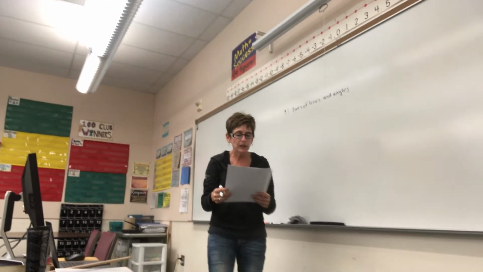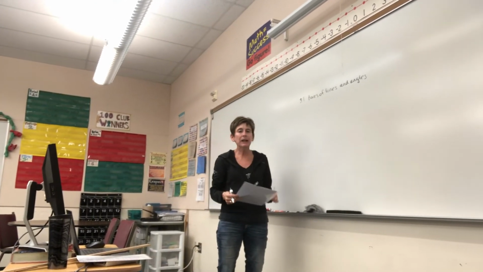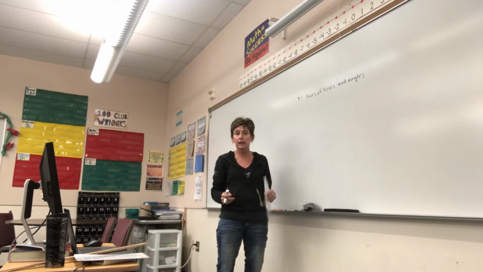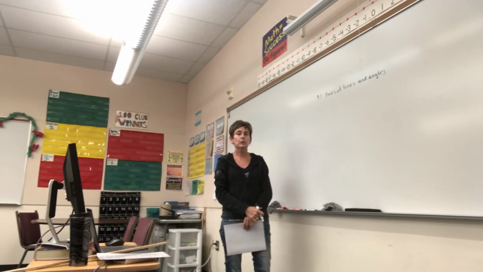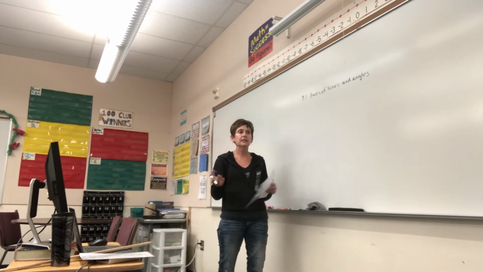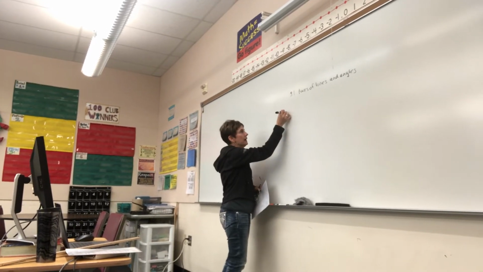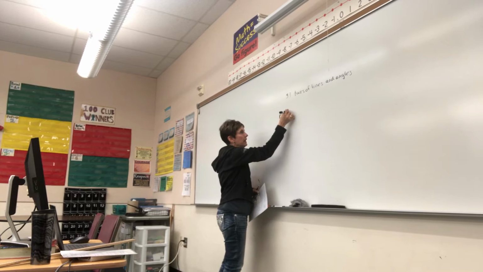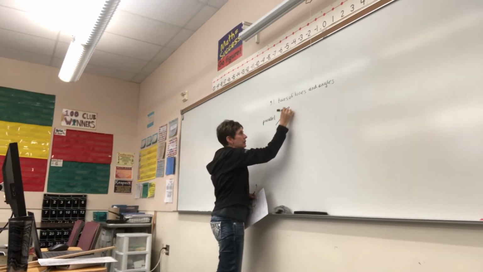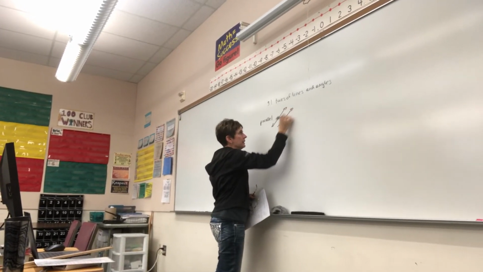So one thing I wanted to talk to you about is parallel versus perpendicular lines. Both of those words are words we've kind of discussed in passing in the previous chapter. But just to clarify, two lines are parallel if they never touch. So there are no points of intersection.